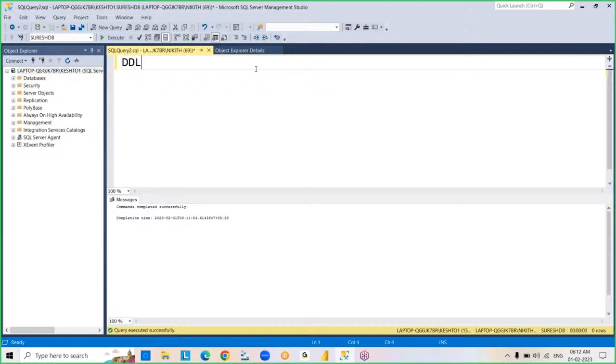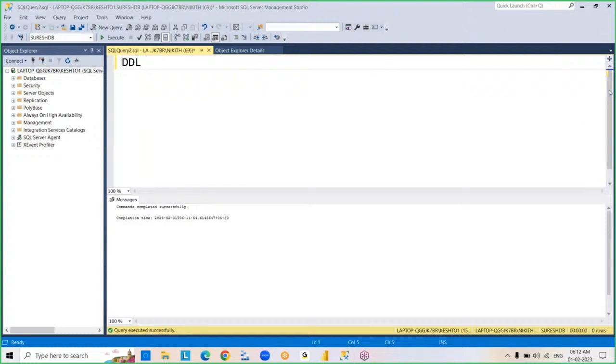So in the beginning, we are working with the DDL commands, data definition language commands.